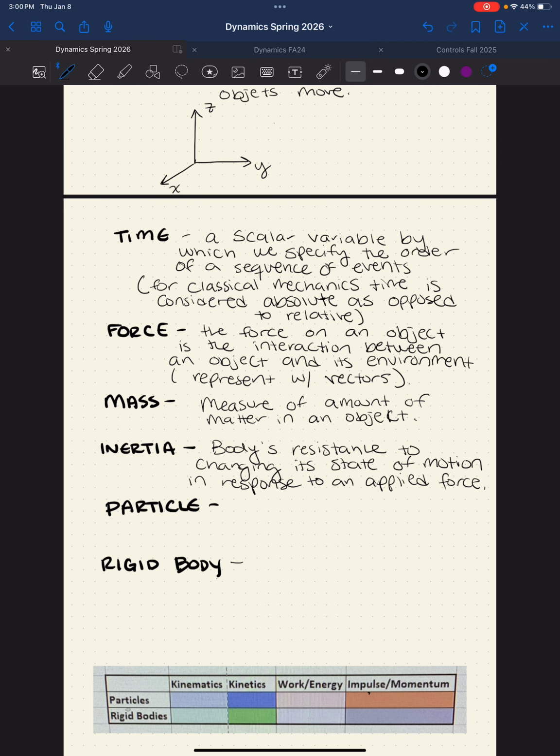All right, then we started talking about two different types of objects, and we will be dealing with both in this class. And I said a particle is a theoretical type of object that, in fact, does not exist in real life. And the reason that it is just this theoretical object is because it's an object with zero volume.